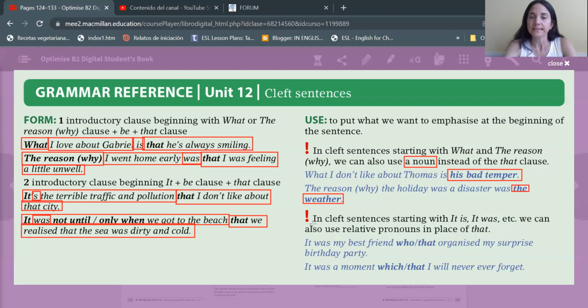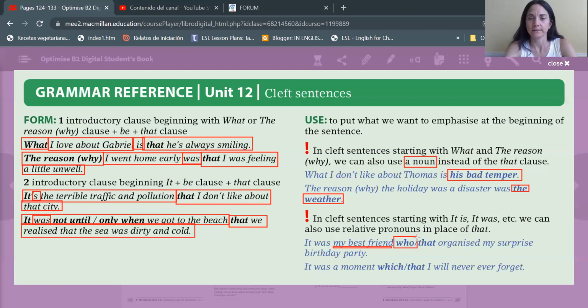And then in cleft sentences starting with it is or it was, etc., we can also use a relative pronoun in place of that. So you can say, it was my best friend who organized my surprise birthday party, or that organized my birthday party. In this case, as we are referring to a person, my friend, you can also replace that for who.